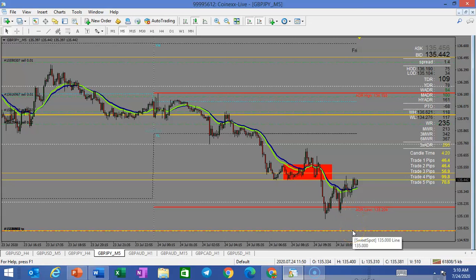Our assumption is that price is going to come down to 135. That's the assumption. So we'll see. But in essence, that is institutional trading.